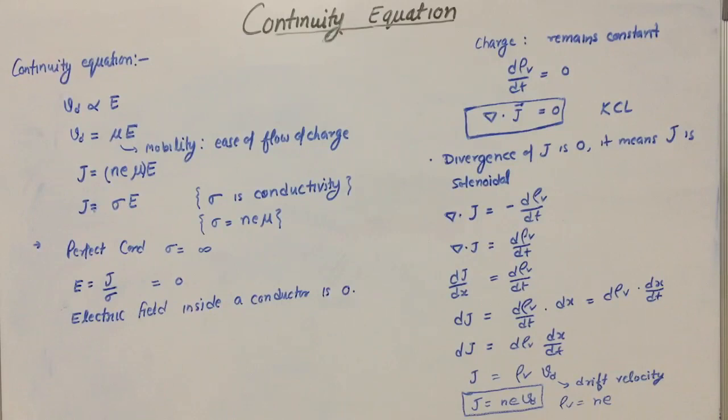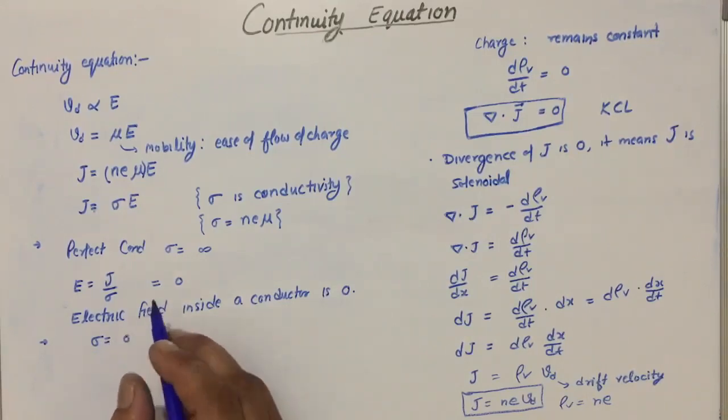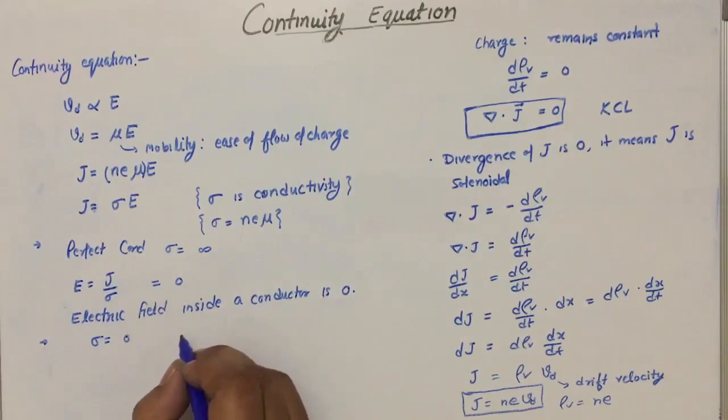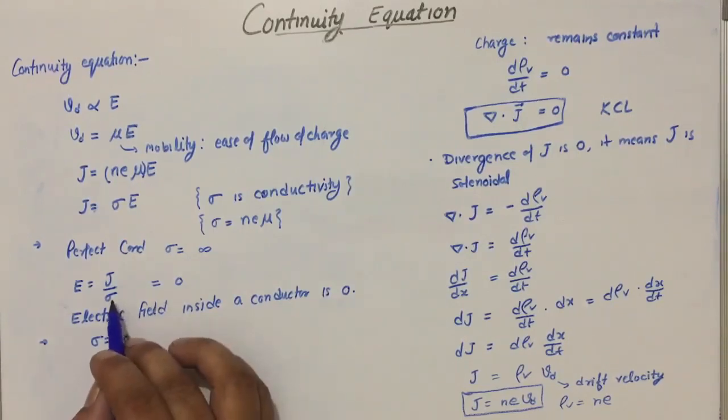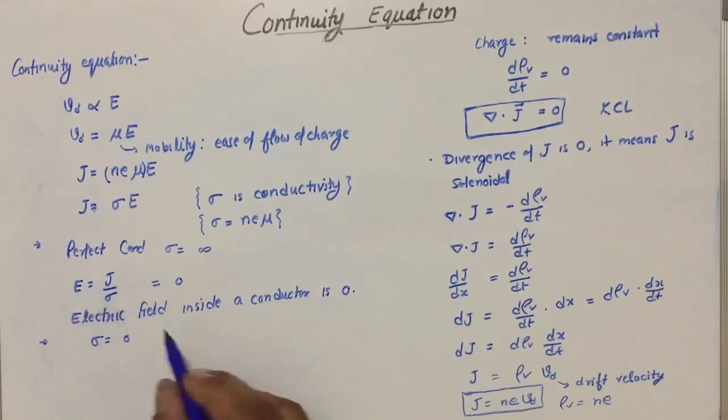And in the reverse direction, if it is a perfect insulator, then the conductivity will be 0 and the current density will be 0, because 0 times E, J will be equal to 0.